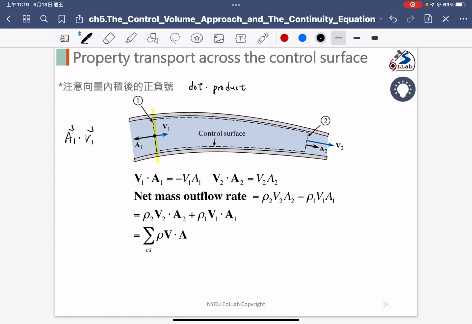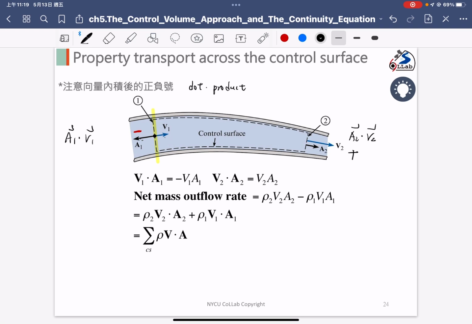As you can see, the directions are opposite, so the product result here will be negative. On the right-hand side, the A2 vector multiplied by the V2 velocity have the same direction, so the product result here will be positive.